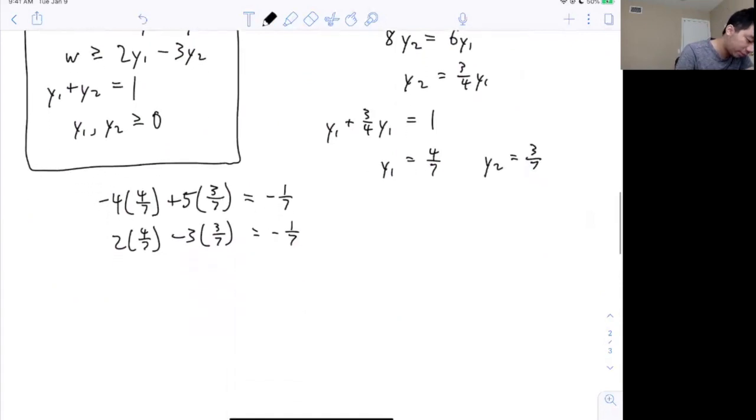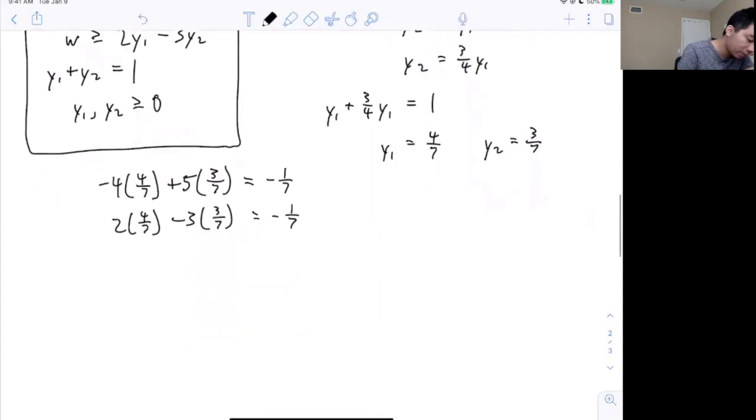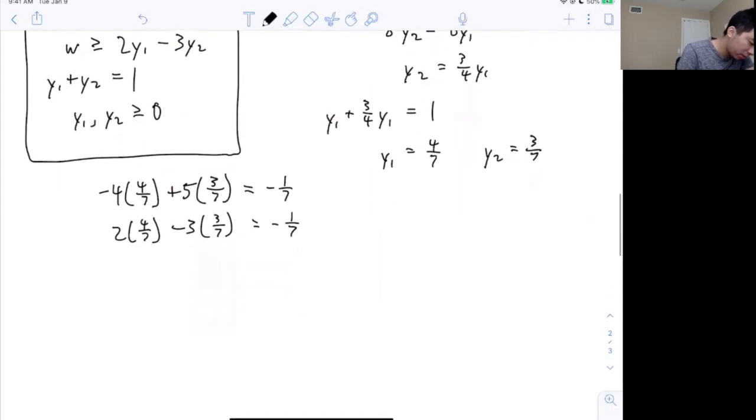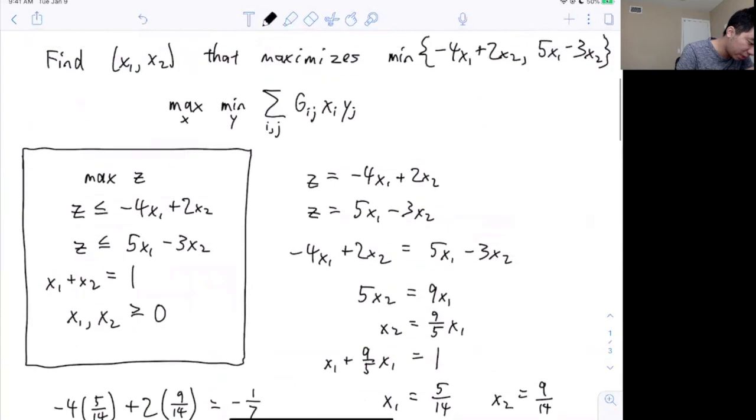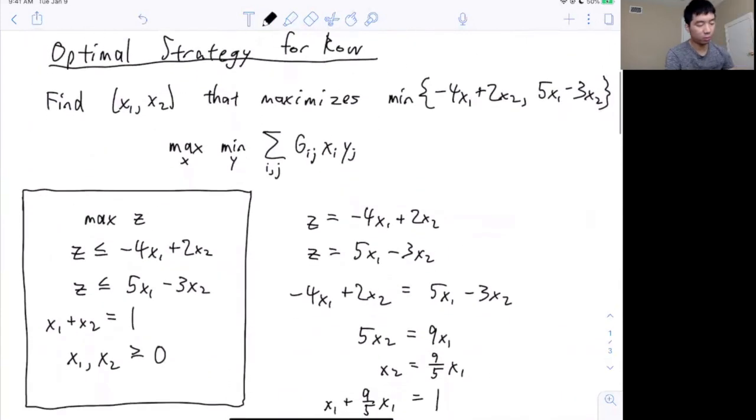Therefore, we can say that no matter which player goes first, even if they were to announce their mixed strategy ahead of time, the expected value of the game is still going to be the same either way.